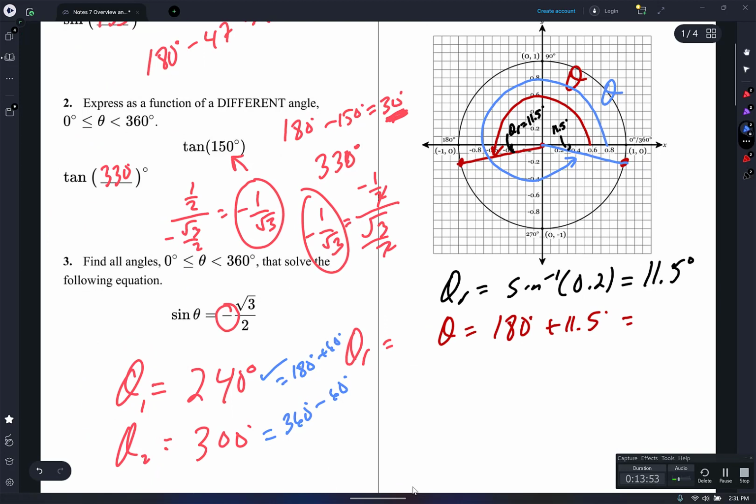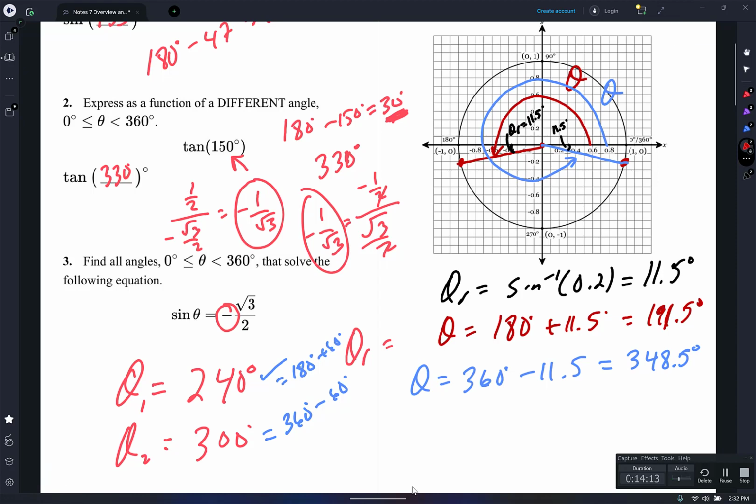You subtract it from what? 360. 360 minus 11.5. And there it is. So let's see, 360, 350, is it 348.5 degrees? And then the one in red, 180, 190, 191.5 degrees. Make sure to put the degree symbol. Yeah, that's it. That's all you do.